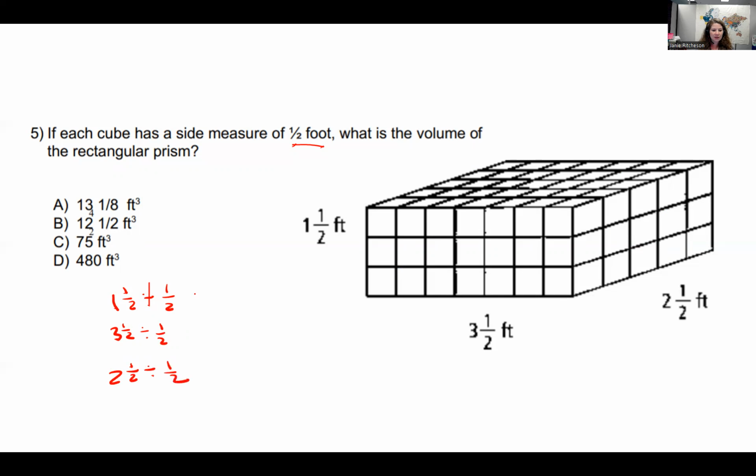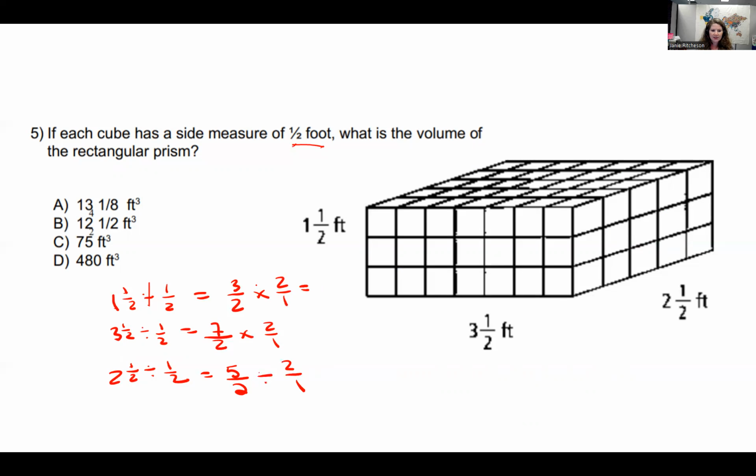So we're going to make those improper fractions. 2 times 1 plus 1 is 3/2. Keep it, change it, flip it. The second one, 2 times 3 is 6 plus 1 is 7/2. Keep it, change it, flip it. And the last one, 5/2. Keep it, change it, flip it.